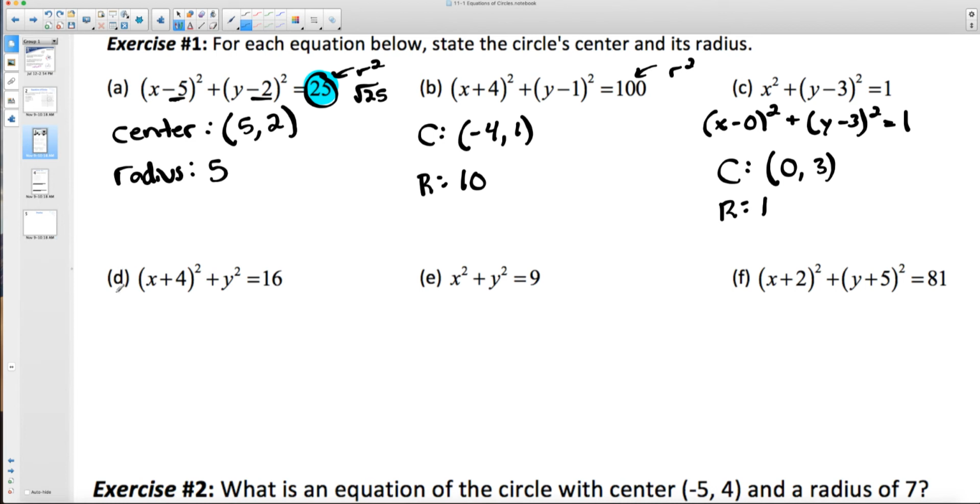Okay, so moving on to this next one. Take a moment and think about what it would be. Your center is going to be -4, 0. And the radius is going to be the square root of 16, which is just 4.